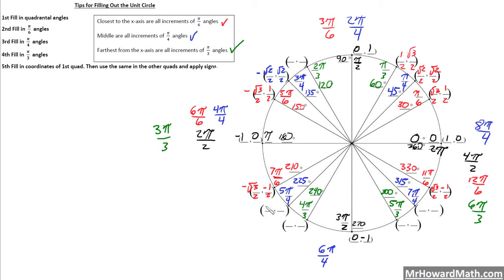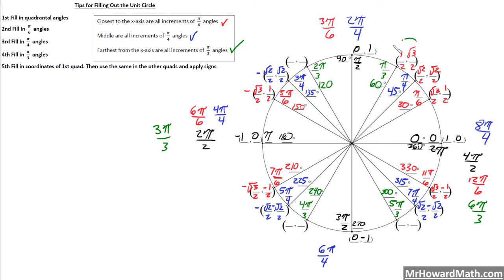So down here, put them in, same value, square root of 2 over 2, square root of 2 over 2, apply the signs. So x is negative, y is negative down here in this quadrant. Notice, same signs for each one. Over here, y coordinate is negative, square root of 2 over 2, x coordinate should be positive, square root of 2 over 2. Okay, now the green, I think I use this color green here.